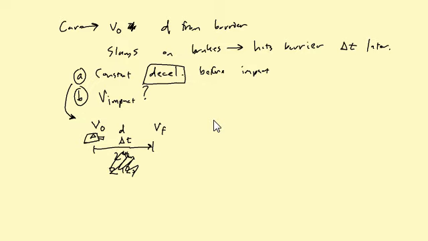So the first thing we can do is find its average velocity by taking the distance it goes and dividing by the time it takes. So v average equals the distance traveled divided by the time it took. And those are both given, so we can just plug those straight in.